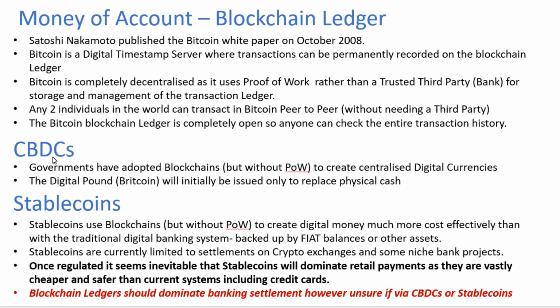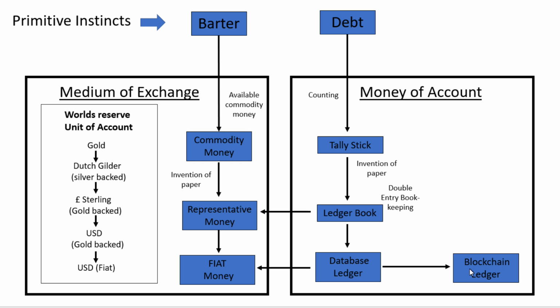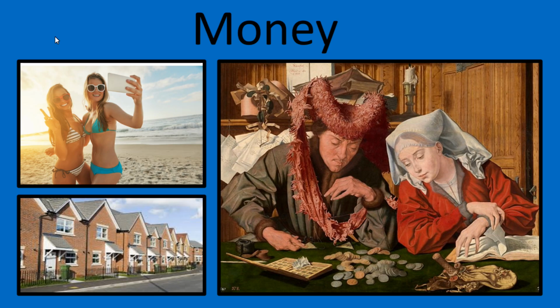It'll be using CBDCs and stable coins. But regardless of that, we can expect the future money of accounts within the world money supply to be using blockchain ledgers in the future. So that completes my video on money, having done some research into the matter.